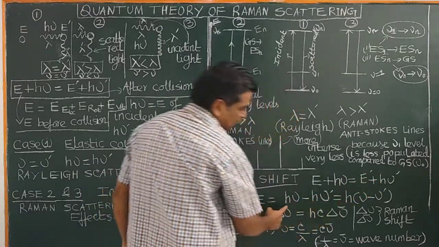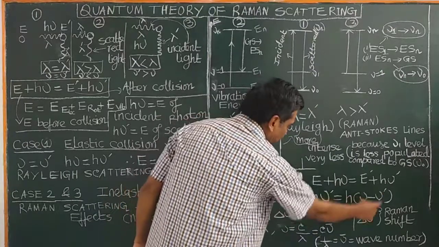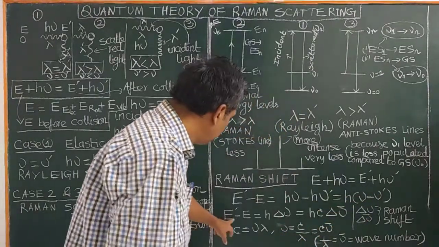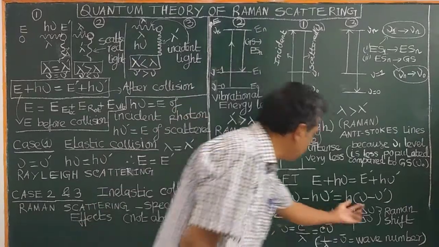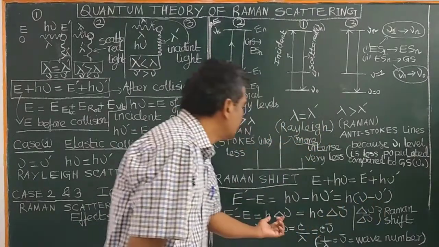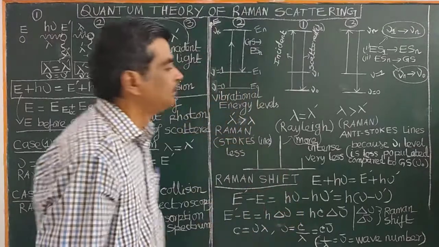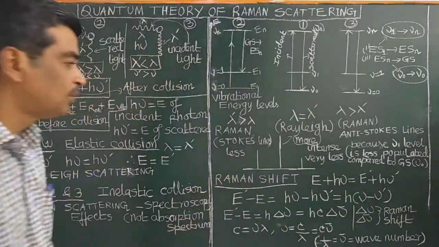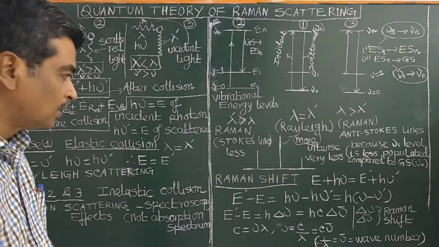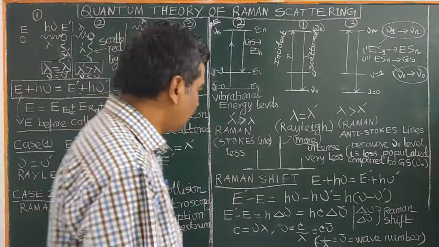Therefore h is common, E prime minus E equals h delta nu. The delta nu is the Raman shift, in terms of frequency, of the incident photon and the scattered photon.